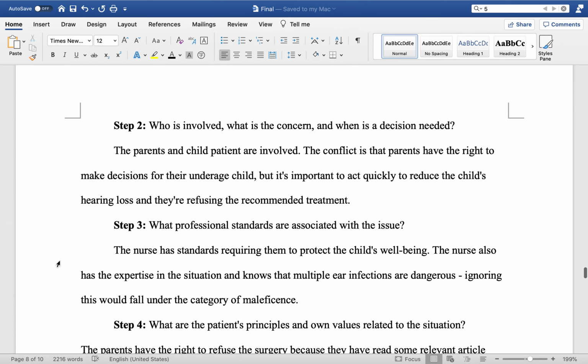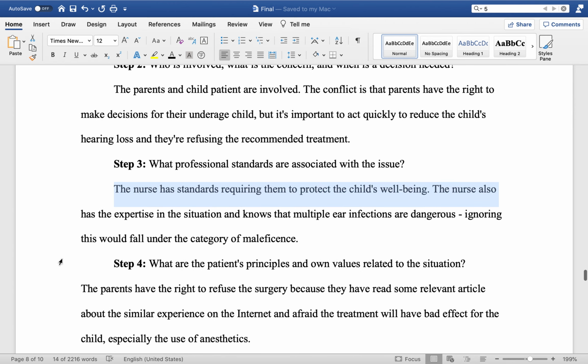The next step: what professional standards are associated with this issue? The nurse has standards that require them to protect the child's well-being. The nurse also has expertise in this situation and knows multiple ear infections are dangerous. Next step: what are the patient's principles and own values related to the situation?